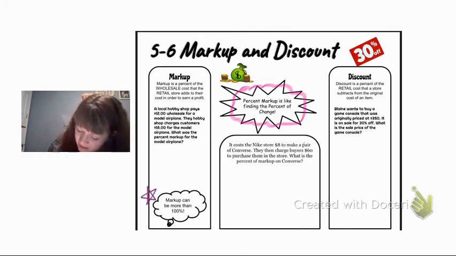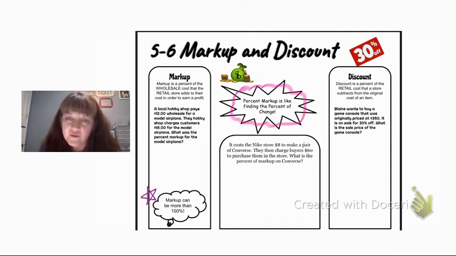And there's a note at the bottom that points out that markup can definitely be more than 100%. So a store can more than double their wholesale cost and earn a profit. It really depends on what customers are willing to pay. And again, markup is just a percent of the wholesale cost.